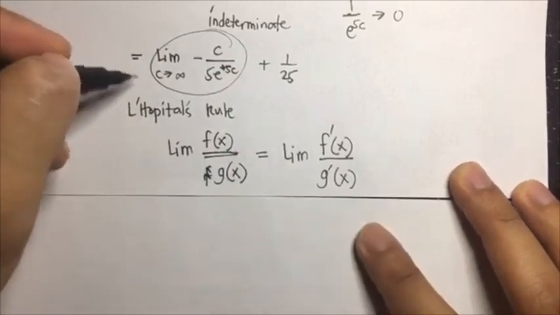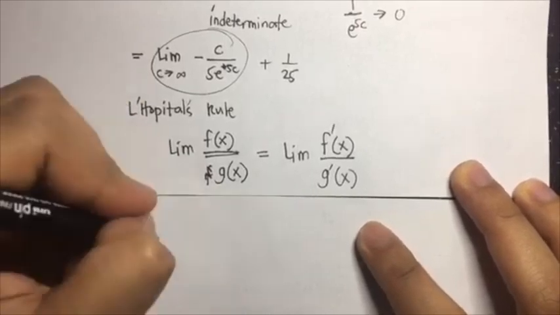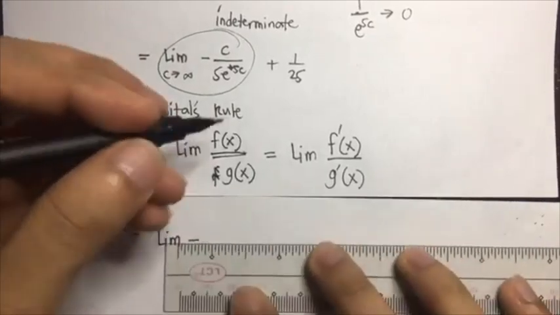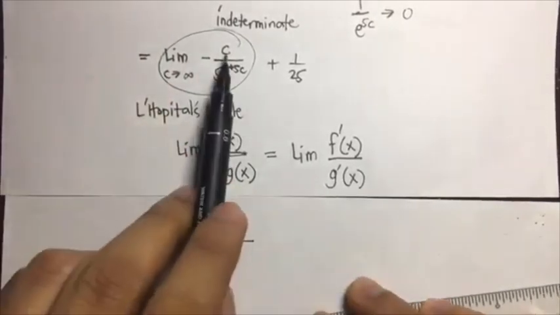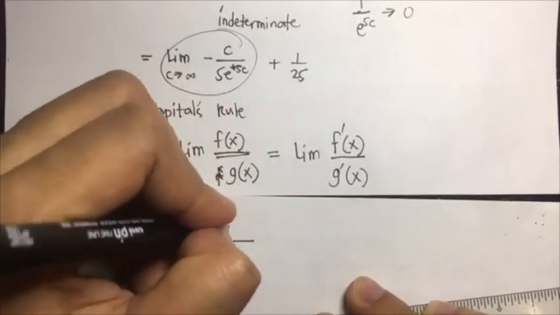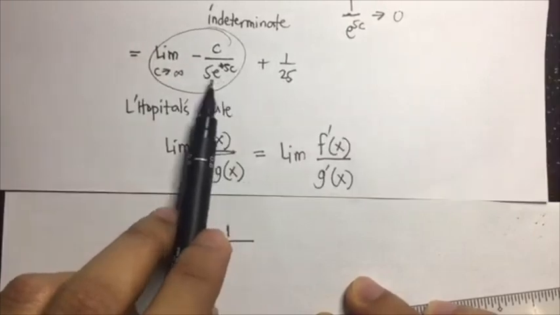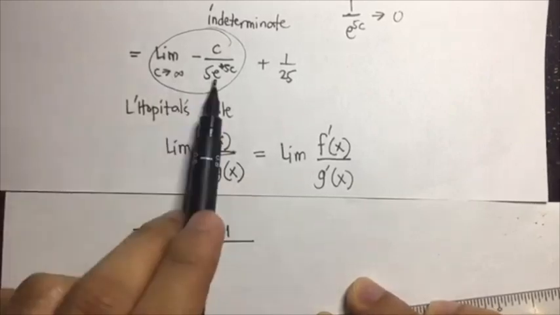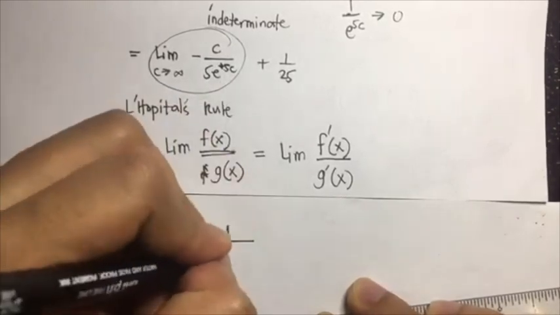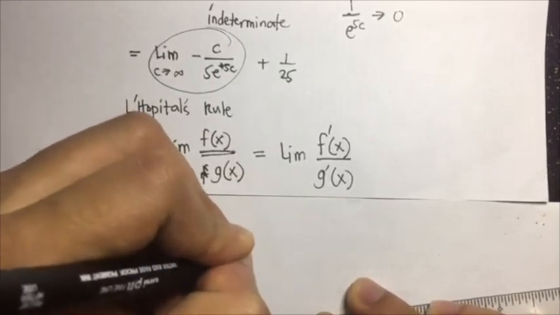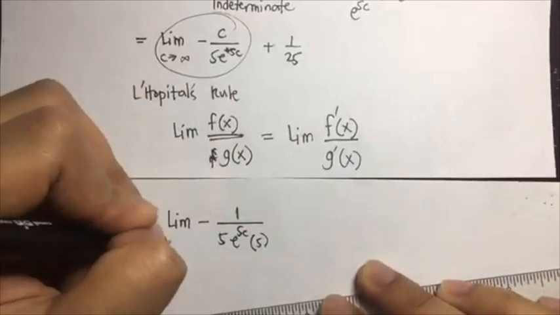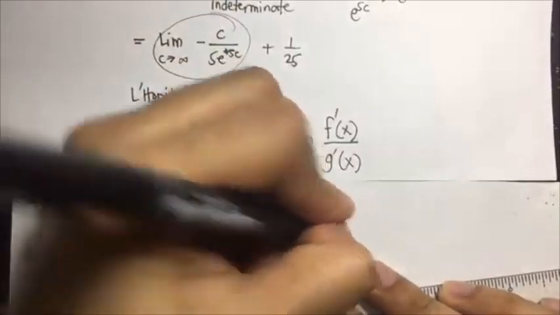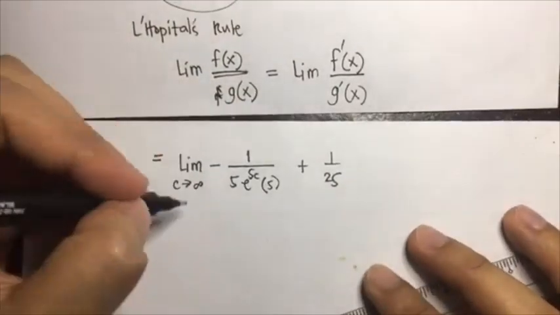So this now will become the limit of negative, deriving the numerator, derive c with respect to c, that is 1, and then deriving 5e raised to 5c, we'll have the numerical coefficient 5, and the derivative of e raised to 5c, that is e raised to 5c times 5, as c approaches infinity, and then plus 1 over 25.